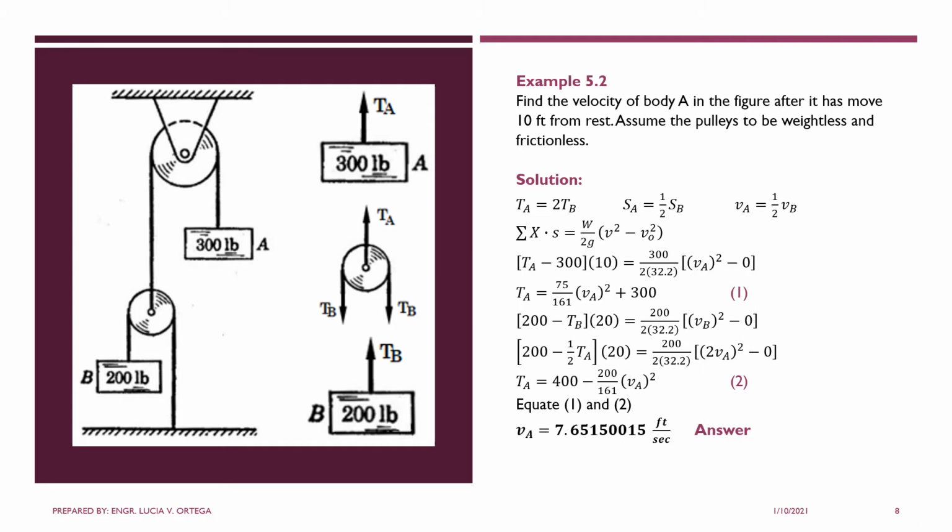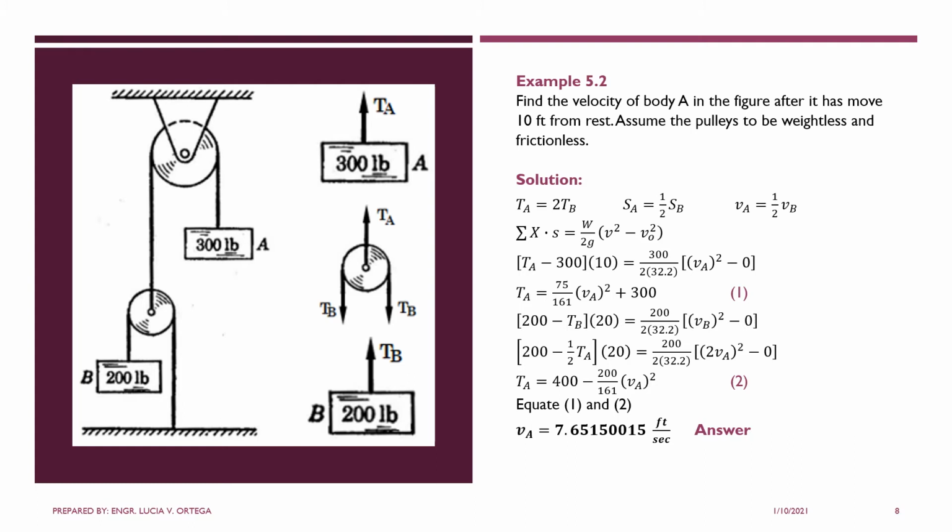Since the tension at A is twice the tension at B, the distance covered by block A is only 1/2 of the distance traveled by B. So as with the velocity: velocity of A is 1/2 the velocity of B. If there are 3 tensions here, T sub A is 3 times T sub B, and S sub A is 1/3 of S sub B, and v sub A is 1/3 of v sub B. So remember that.